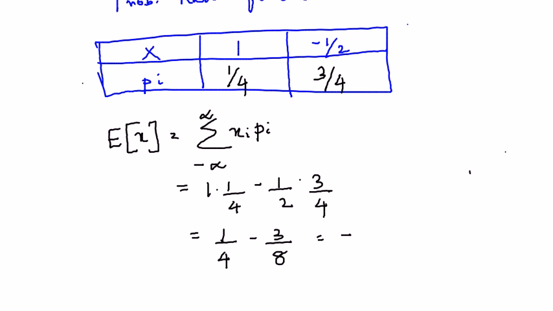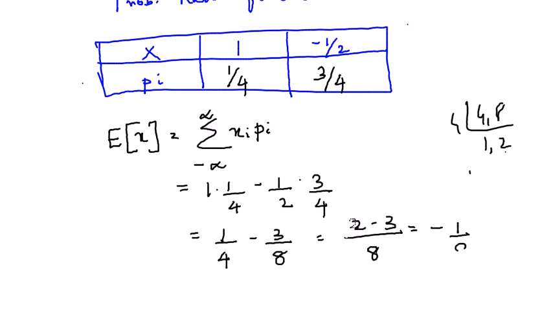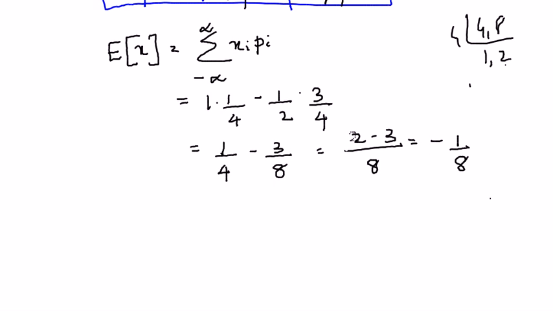So if the LCM is 8, it would be 2 minus 3 by 8, which is minus 1 by 8. Now this is the expectation of the mark that he will get for answering one question.